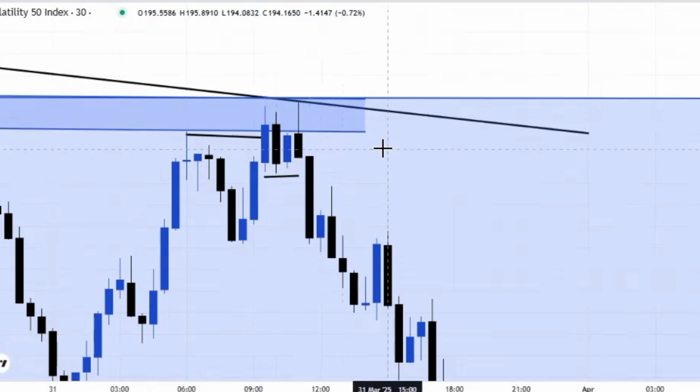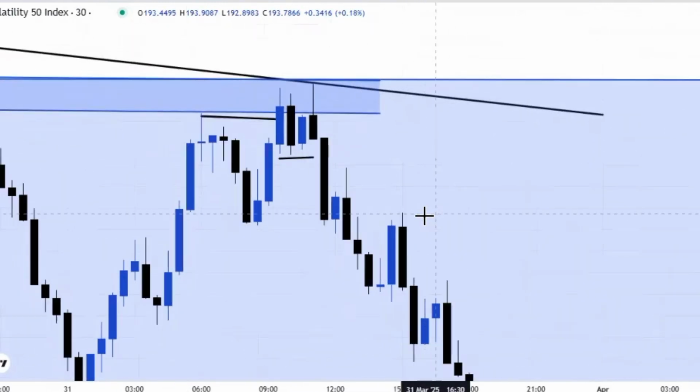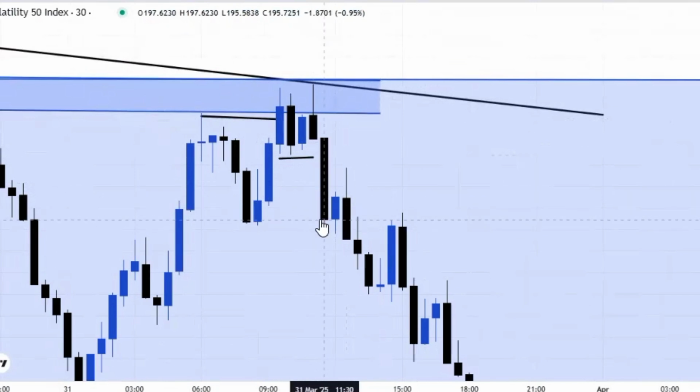This is not the candle that broke this level. You can see this big bearish candle that came and broke this level. This candle is a sign that the market actually wants to move down. It's already giving us this big move, the market wants to move to the downside.